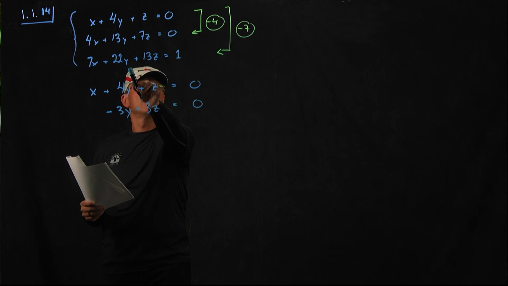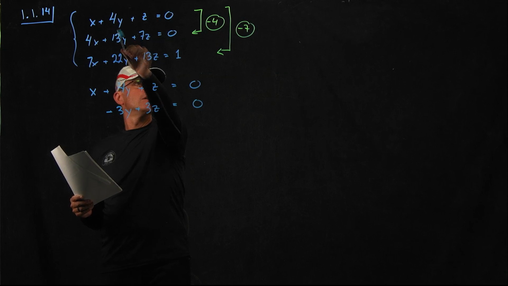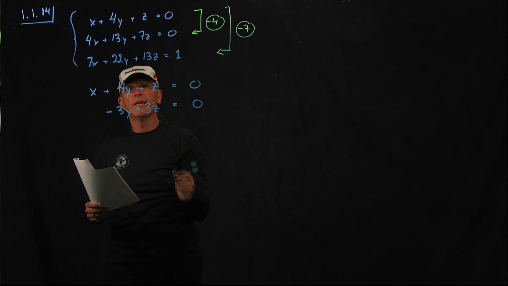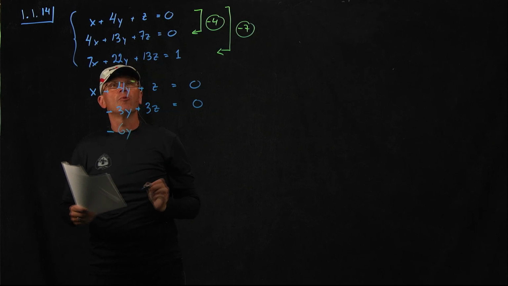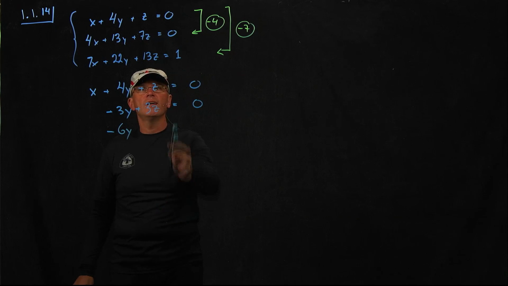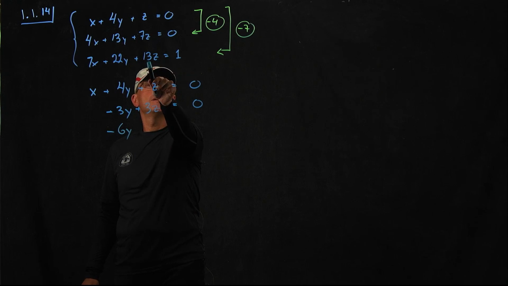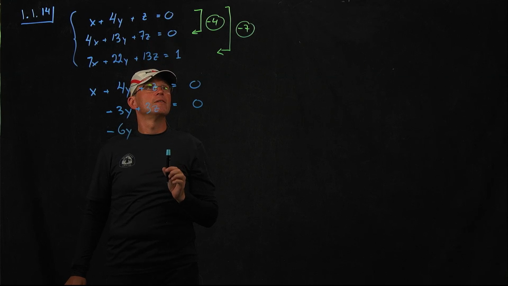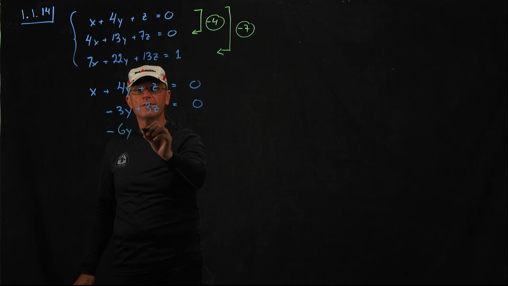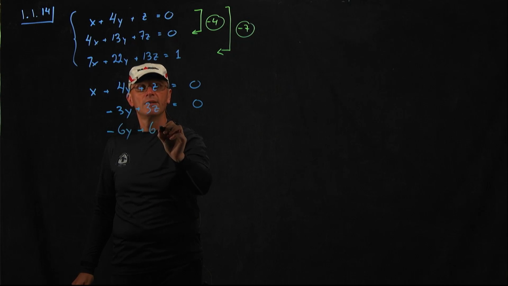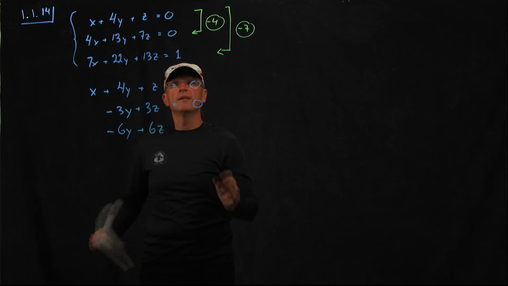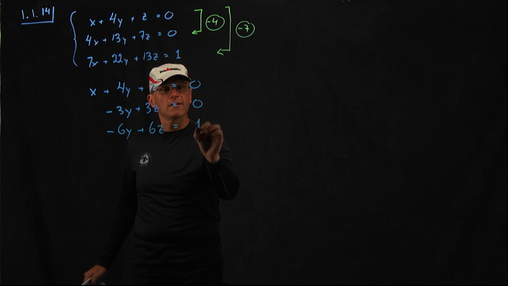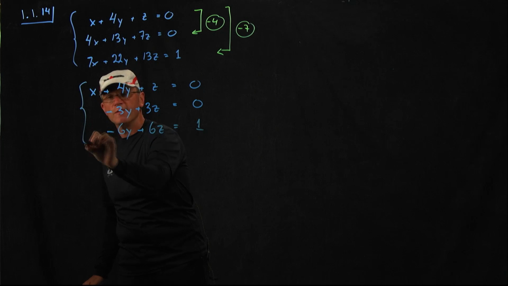We have 22 minus 16 minus 28. So minus 6y. And then we have 13 minus 7. So that leaves us with 6z, right, and the 1 stays because we subtracted 0 from it.